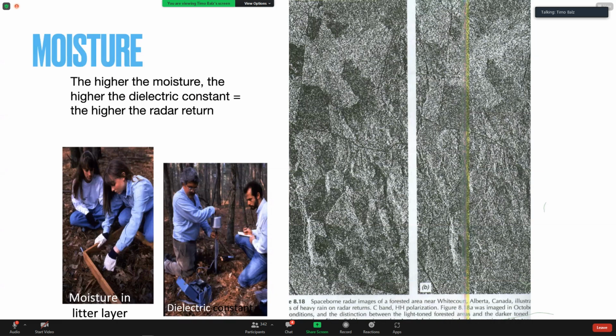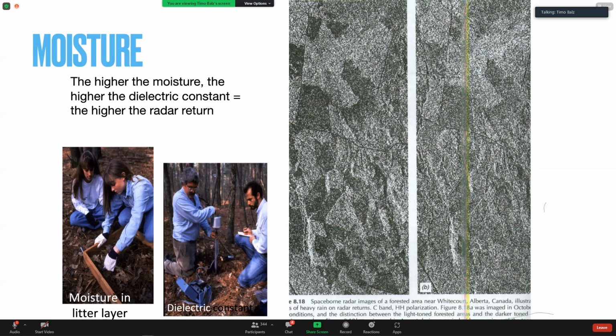We can use SAR images for soil moisture. We also commonly use passive microwave systems to detect soil moisture. So there is a strong relation between the water content and your radar return on the ground, and the water content also inside vegetation.